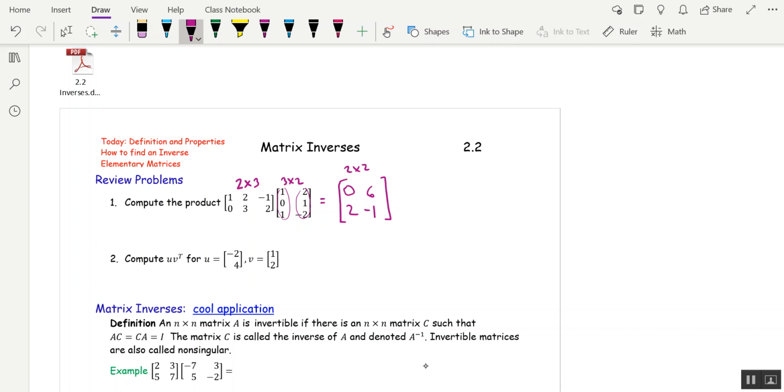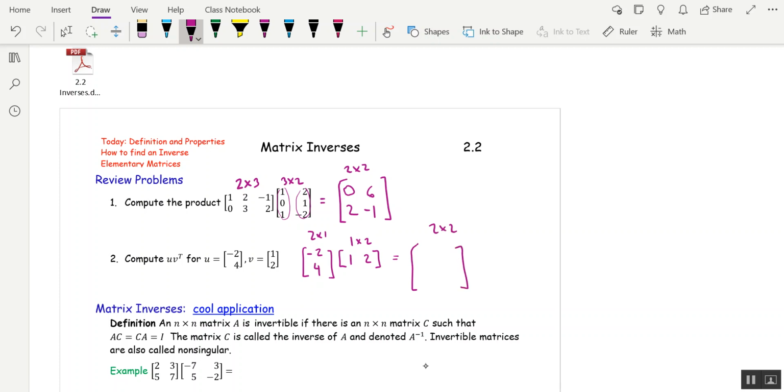For the next one, UV transpose, U is a 2 by 1. V transpose, I'm going to turn the columns into rows. So the column 1, 2 becomes the row 1, 2, and this is a 1 by 2. So our product will be a 2 by 2.